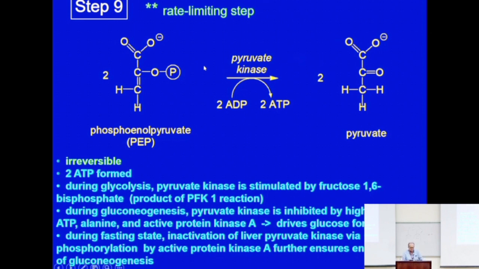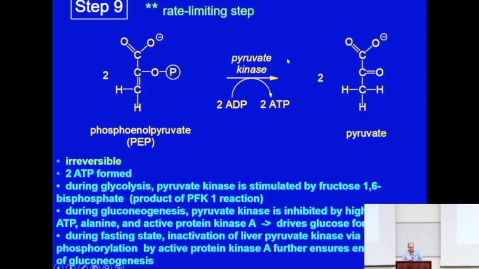So PEP, the enzyme here is going to break this bond and shift this double bond to a keto group. And in doing so, by breaking this bond, it generates enough energy to make ATP from ADP and inorganic phosphate.